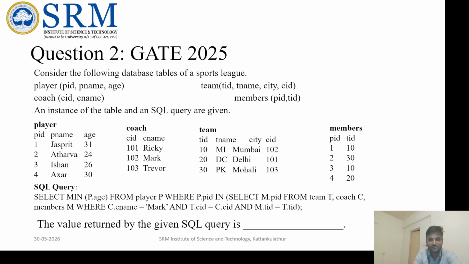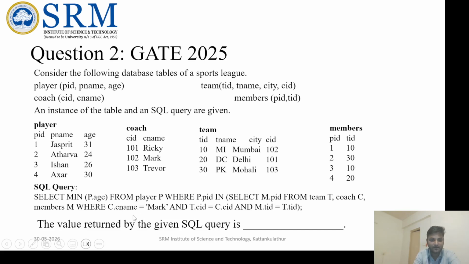We are not considering them as conditions. You only have the coach name Mark as the condition to check in the inner query, and we are trying to select M.PID, the player ID, from the members table.